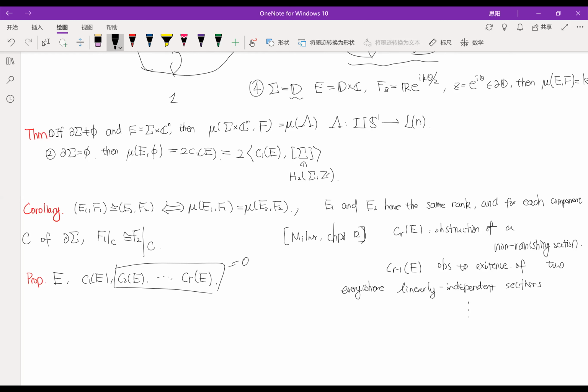So this tells us that once c2 up to cR all vanish, then we can expect that it has a very good property that nearly we can find a global partial framing of the vector bundle.